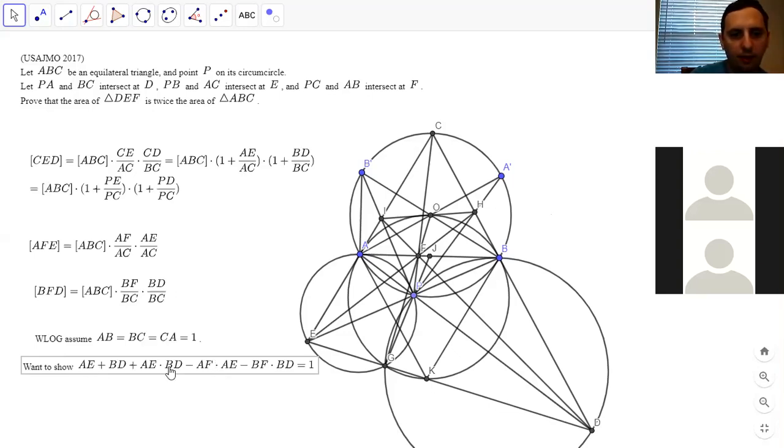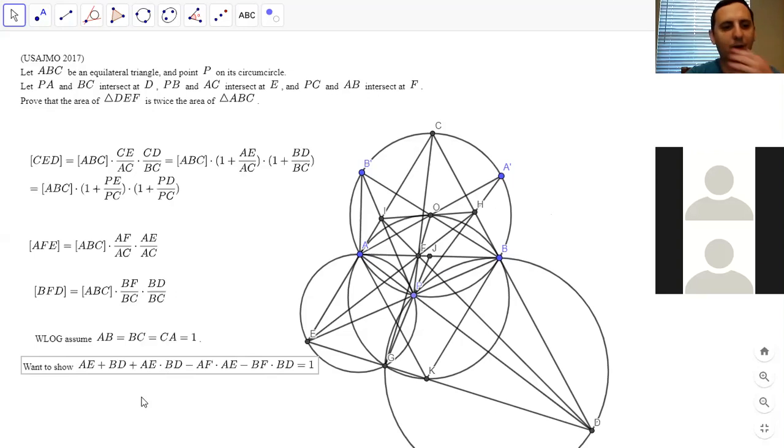And the thing is, AE minus AF times AE, because if we factor out the AE, 1 minus AF is BF. So wait, is this really BF times? Yeah, so it looks like this and this would cancel out with that. And then we have BD times 1 plus AE.